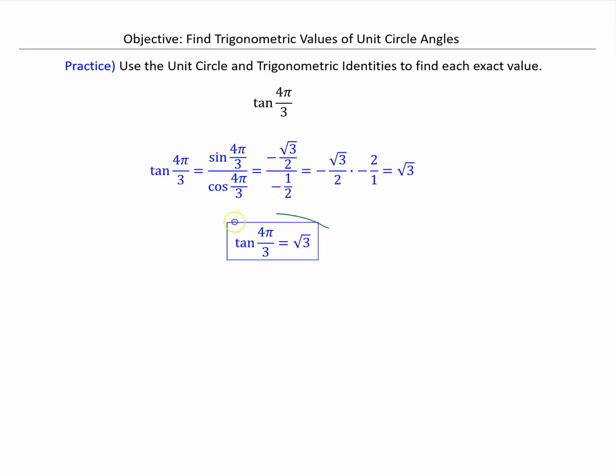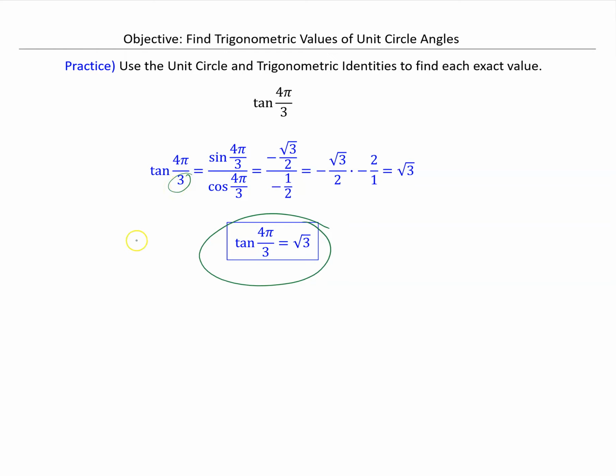So hopefully you came up with the tangent of 4 pi thirds is the square root of 3. So we have sine over cosine this time. 4 pi thirds is in our third quadrant where sine and cosine are both negative. With a denominator of 3, remember that means that our reference angle is pi thirds in our first quadrant, which is our 60 degrees.